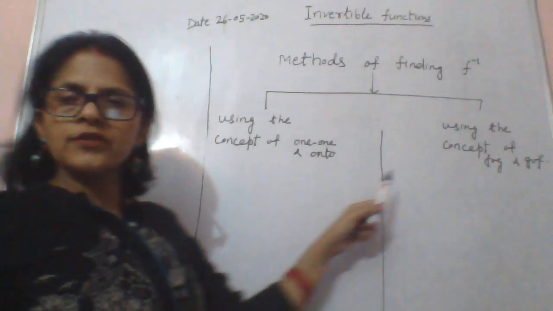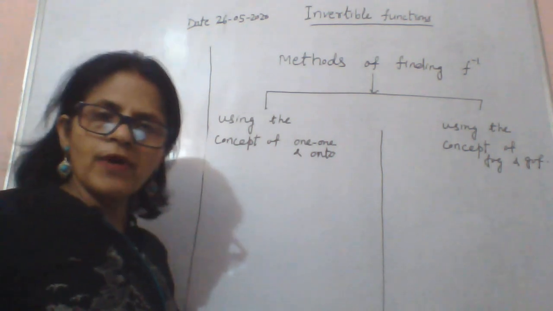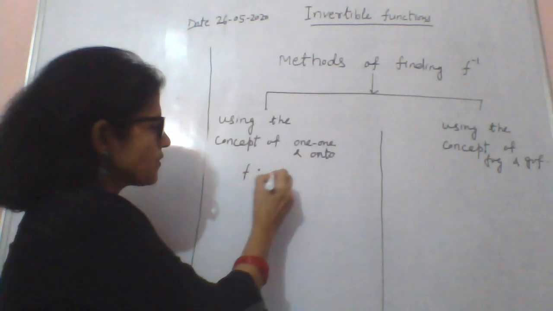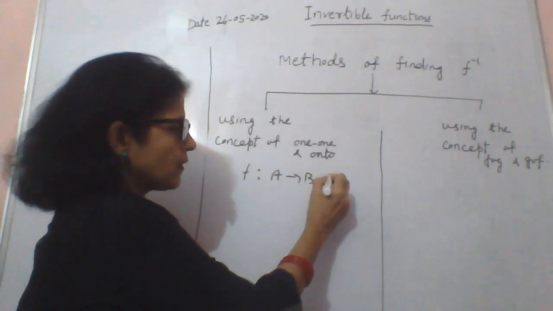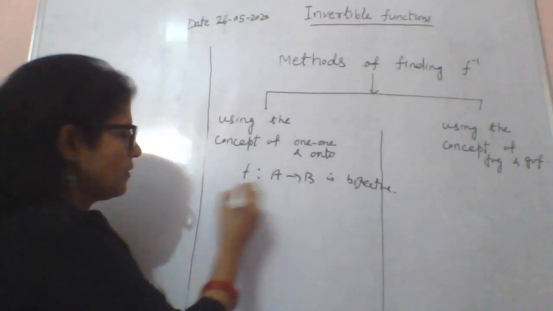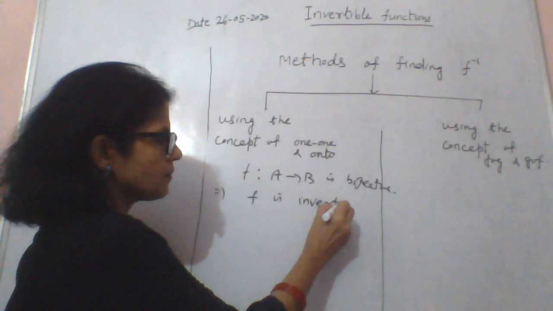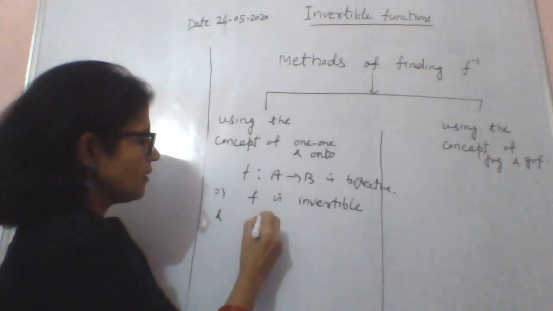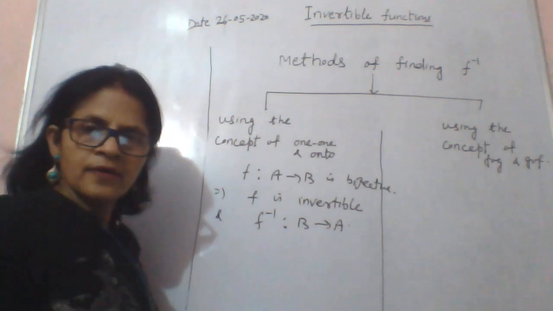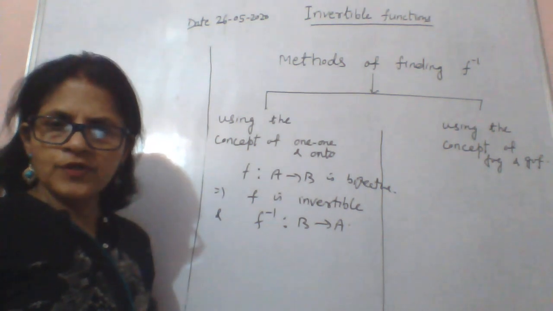We have two methods in our hand. The first method is using the concept of 1-1 and onto directly. Suppose, for example, f is a function from A to B that is bijective, so this implies f is invertible and f inverse is a function from B to A. Okay, so it means your image and pre-image, everything will be interchanged here.